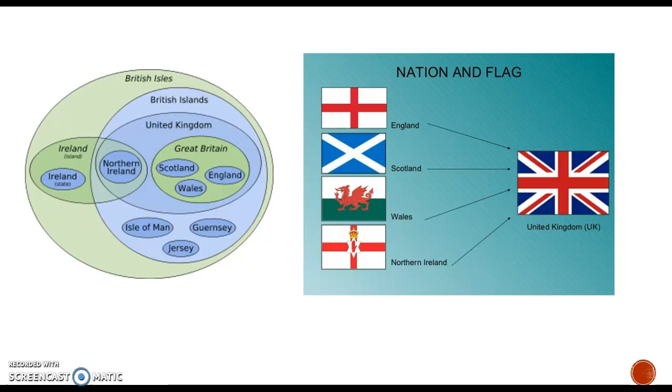Then the medieval English kings conquered Wales, and they tried to conquer Scotland, but they were unsuccessful in annexing Scotland until in 1707, the Treaty of Union united the Kingdom of England with the Kingdom of Scotland, and that created the Kingdom of Great Britain.